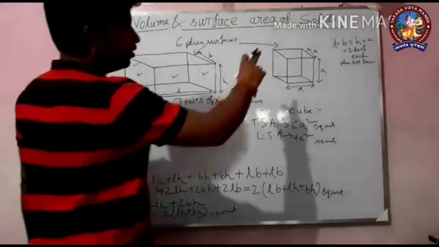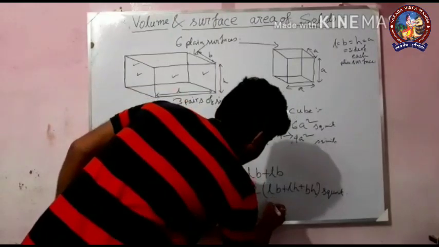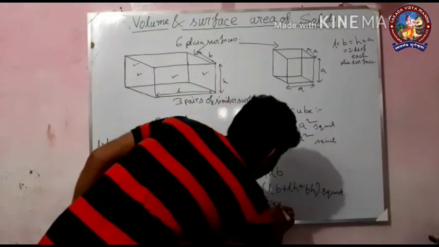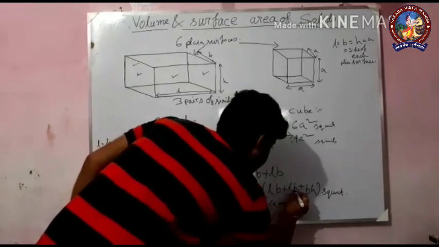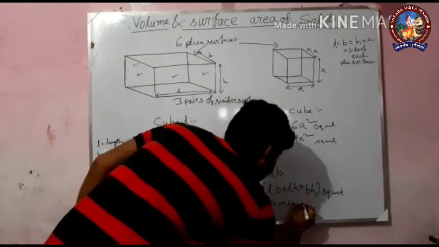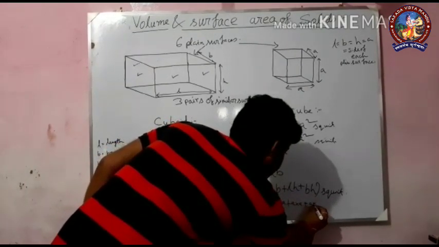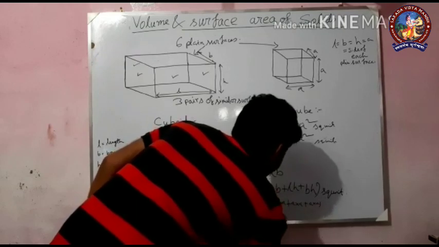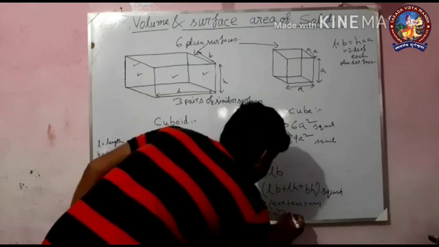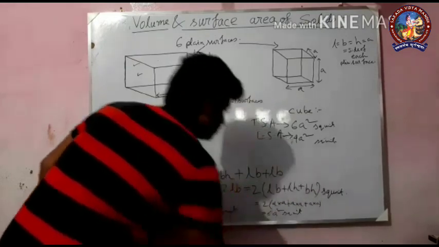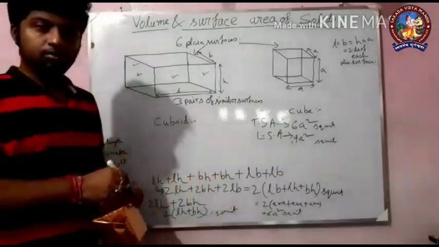Here I have said that length, breadth and height are all the same, A. So if we put 2A into A in the place of L and B, here also A into A in the place of L and H, here also A into A, then we will get 6A square unit. That will be the total surface area of a cube.